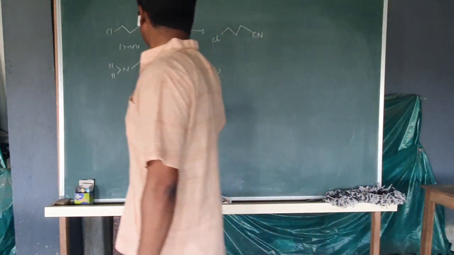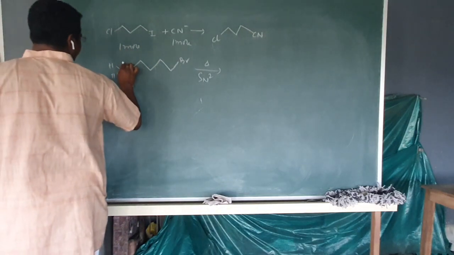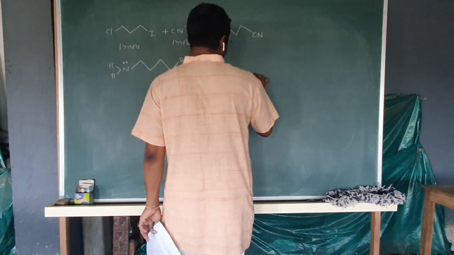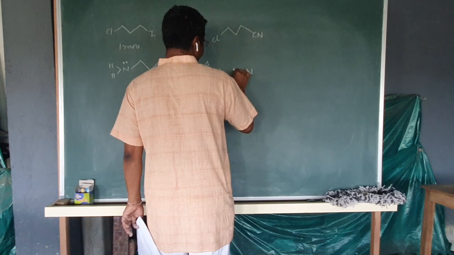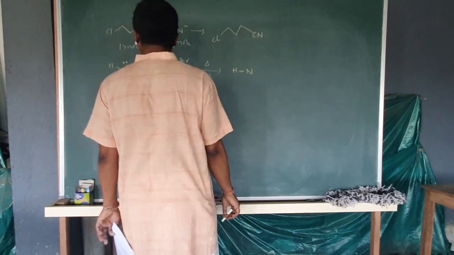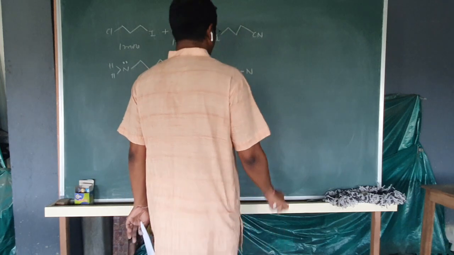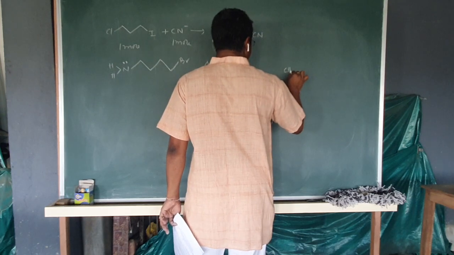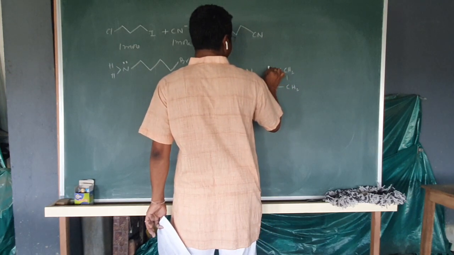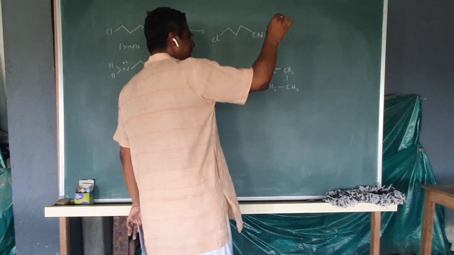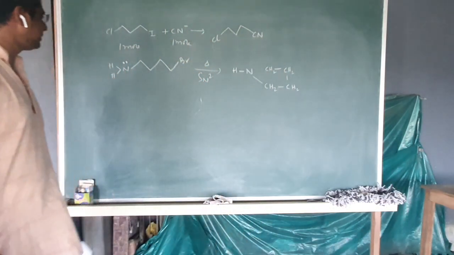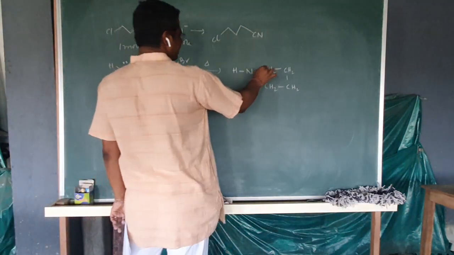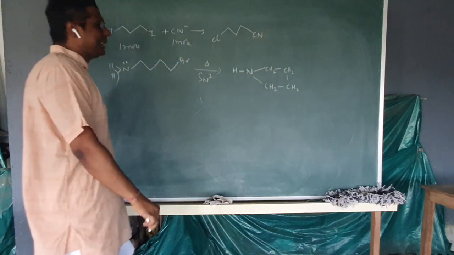In this case, there is no separate nucleophile, but the amine group has some electrons, right? So can't it form this kind of compound? Okay, look: CH2, CH2, CH2, CH2, and the Br is removed from here. One hydrogen went away with that Br, so what is left here, can't that react like this?